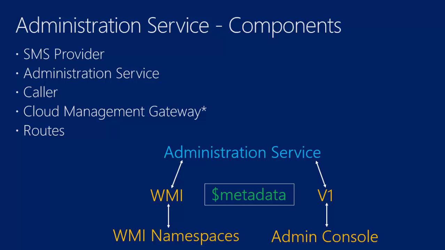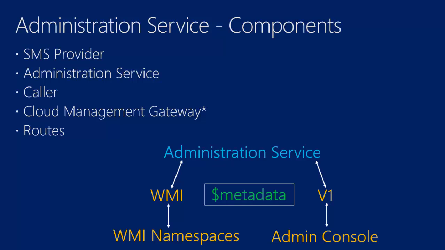Then I list Cloud Management Gateway, and I put an asterisk there. I only put an asterisk there because you don't need the Cloud Management Gateway unless you're wanting to access the administration service from clients, or from processes, I should say, that are on the internet. Let me clarify that.